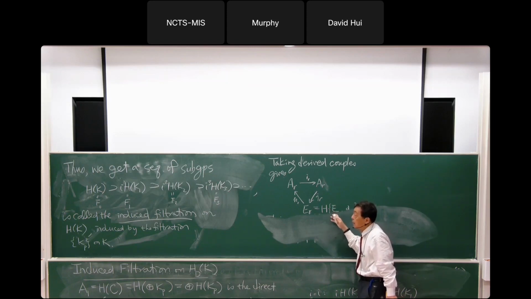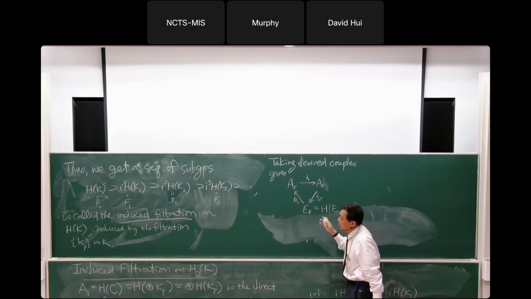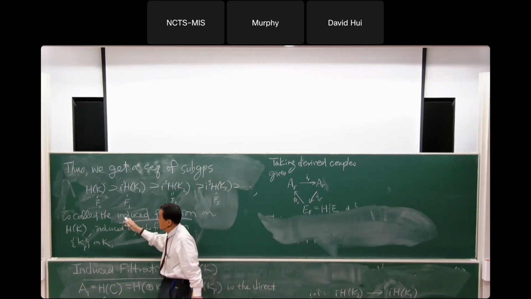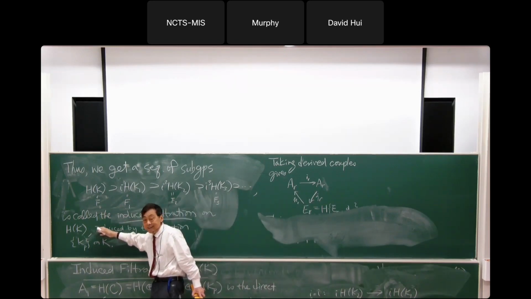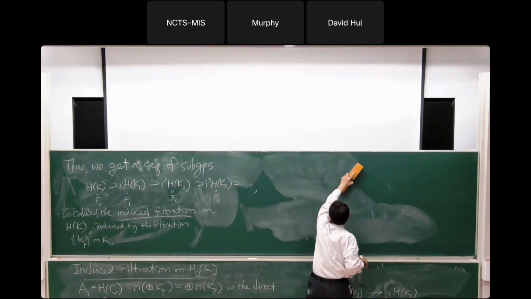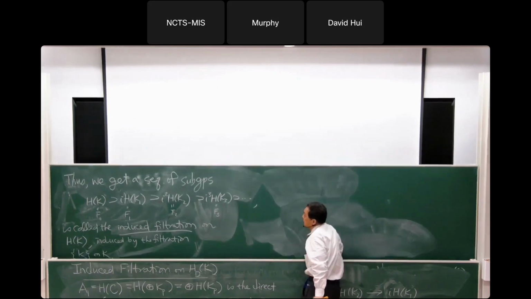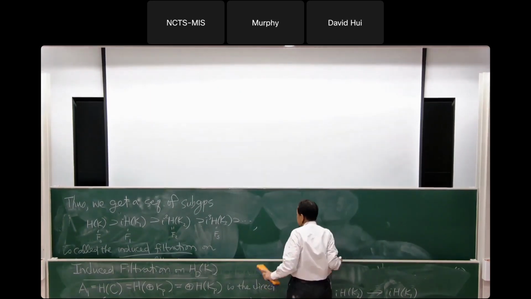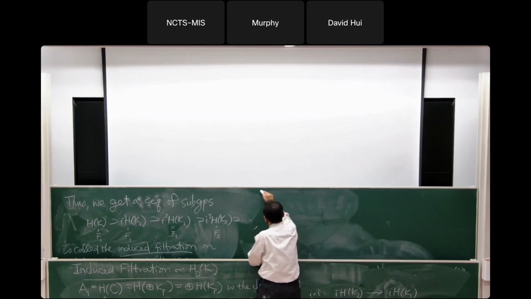Under suitable conditions, like if the filtration has finite length, E_R for R large is then the associated graded complex of H of K under this filtration. Let me state the theorem. And this is only for filtrations of finite length.